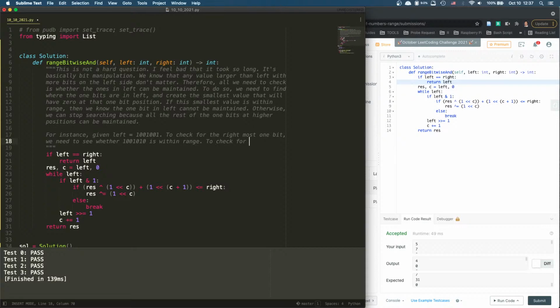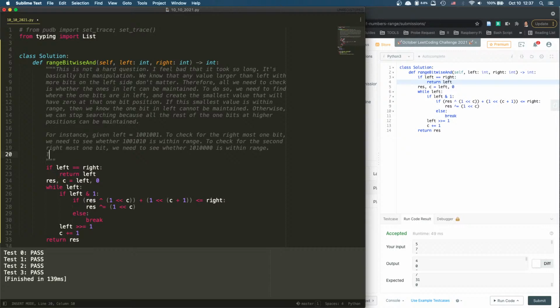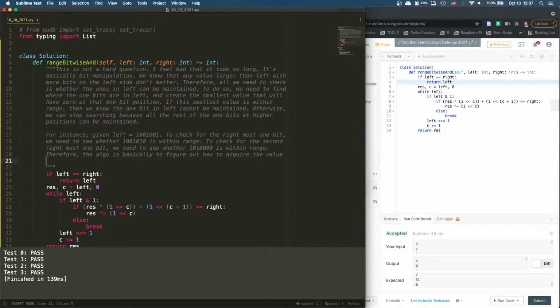To check for the second rightmost 1 bit, we need to see whether 1, 0, 1, 0, 0, 0, 0 is within range. Therefore, the algorithm is basically to figure out how to acquire the value for checking.